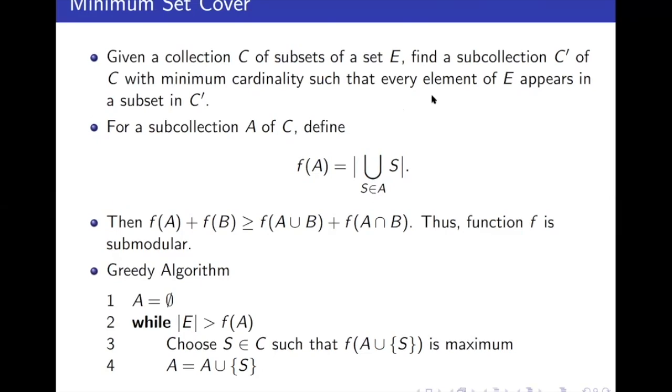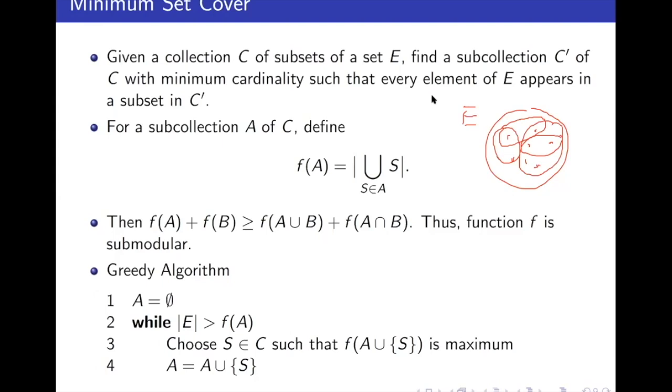So we have a set E, which has a lot of elements, and then you may have a subset of this, a subset of that, a subset of that, and a subset of that. So they cover E, right?